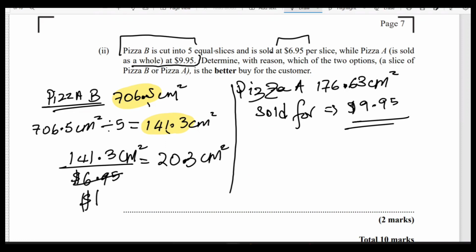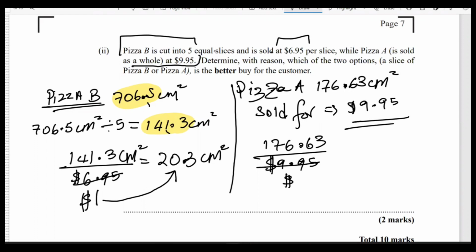So what this means is that $1 gives 20.3 centimeters squared of pizza to be eaten for pizza B. Now for this one, we're going to divide 176.63 by the cost that it was sold for, $9.95 going into itself one time, that's $1 at the bottom.